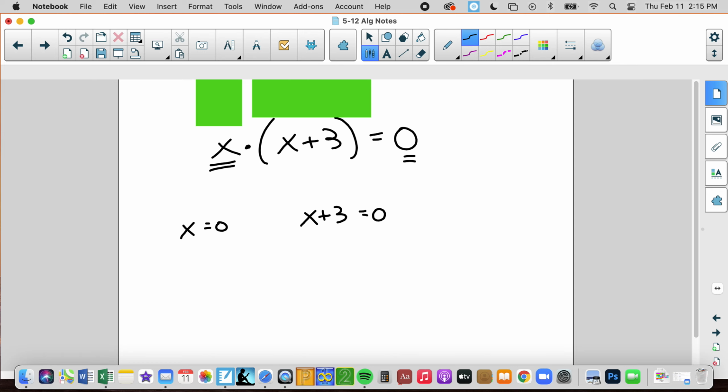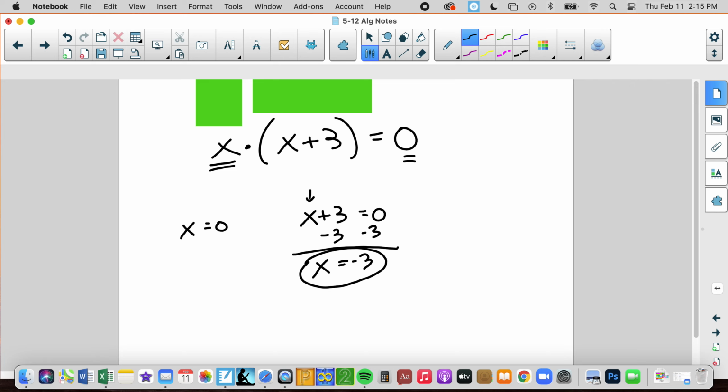So how do I make this box, the x plus 3, equal to 0? Well, we set it equal to 0. We say x plus 3 equals 0. What is the value of x? So we're going to solve. It's a one-step equation. So 3 is being added to x, so we do the inverse of adding, which is subtracting 3.